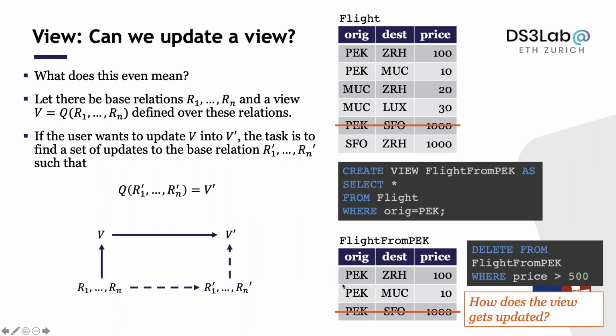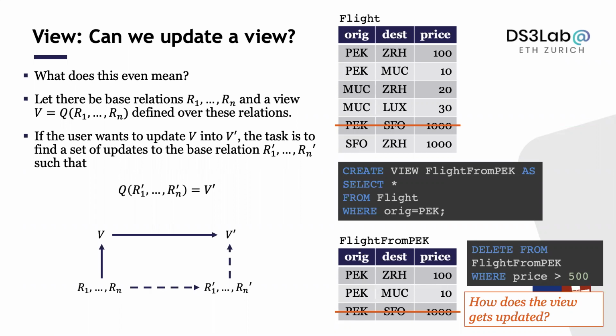And in this case, I'm lucky because I'm able to find that. If I remove the PEK to SFO tuple, this will give you the content that you want, which is removing the PEK and SFO tuple in this view. So if you are deleting from this view using this query, you are actually deleting this tuple in the base relation.